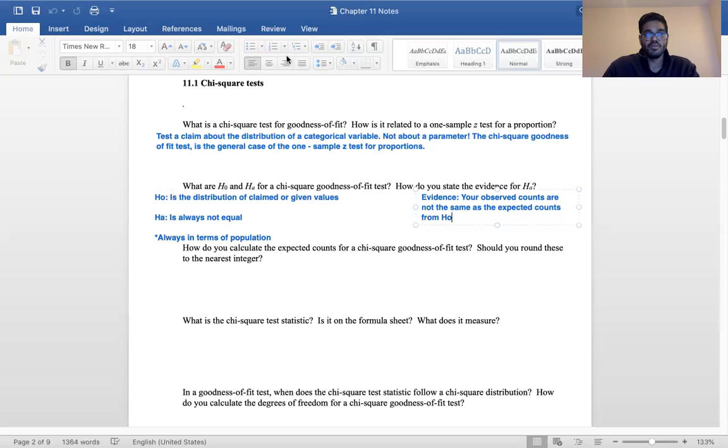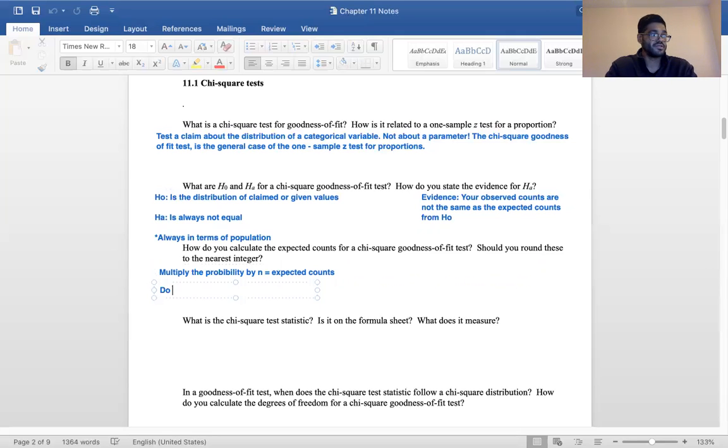You just take the probability and multiply it by n, and this equals your expected counts. Key thing here: should you round these numbers?